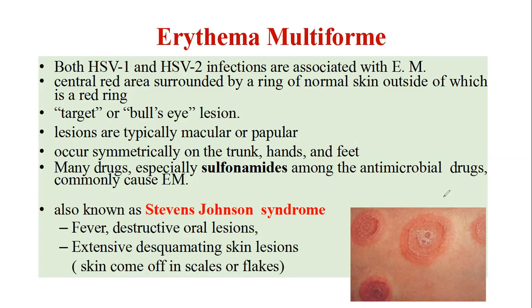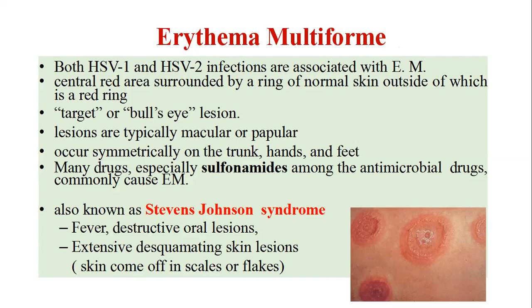Lesions are typically macular or papular, and occur symmetrically on the trunk, hands, and feet. Many drugs, especially antimicrobial drugs like sulfonamides, are commonly the causative agent of EM.